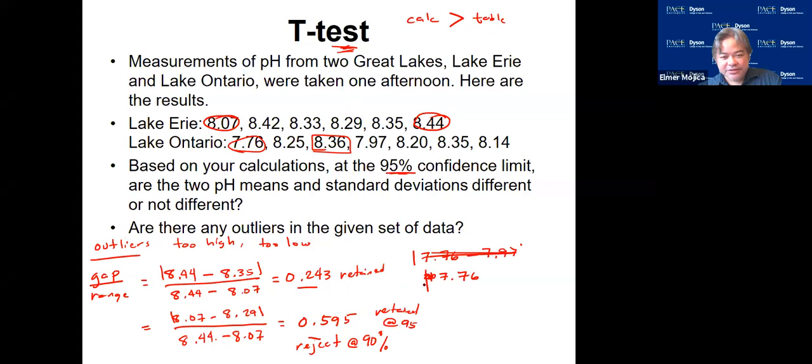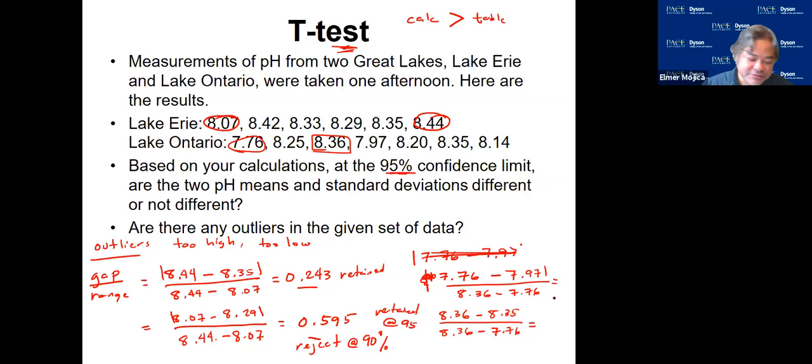So you have here 7.76 minus 7.97. And then what's the highest and the lowest? 8.36 minus 7.76. And in the other one, you have 8.36 minus, what's the closest? 8.35, over 8.36 minus 7.76.